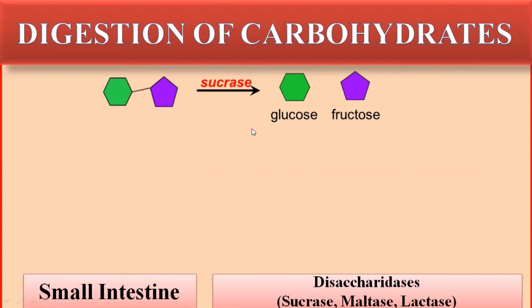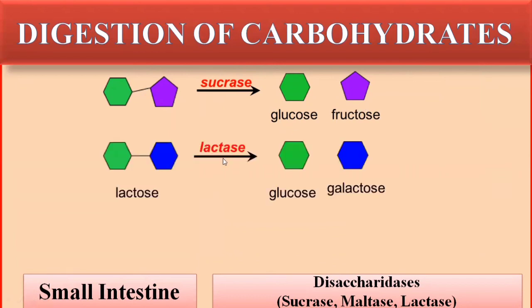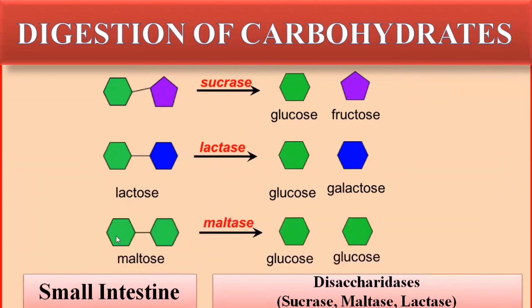The other enzyme is lactase. Lactase acts on the disaccharide lactose, breaks the glycosidic bond and sets free the two monosaccharides, glucose and galactose. The other is maltase, which acts on maltose, breaks the glycosidic bond and completely digests maltose into two molecules of glucose.